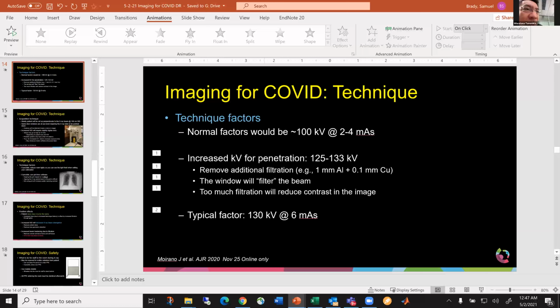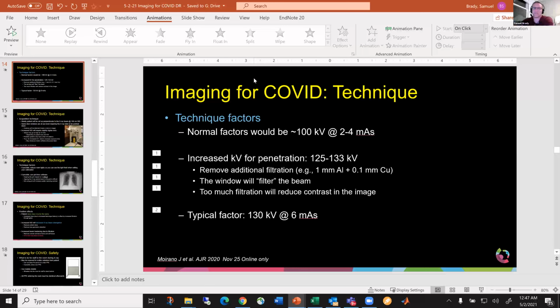So maybe we need to explore, or we would like to hear your comment on what point we need to focus on, or to evaluate, or to explore. Maybe they don't use a grid, or maybe it's the kV they use, something like that.